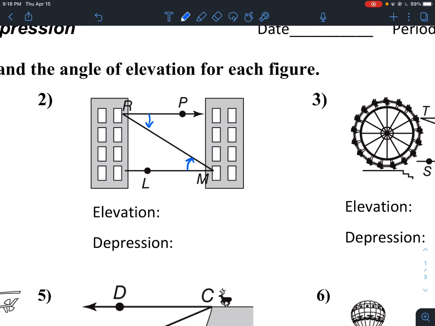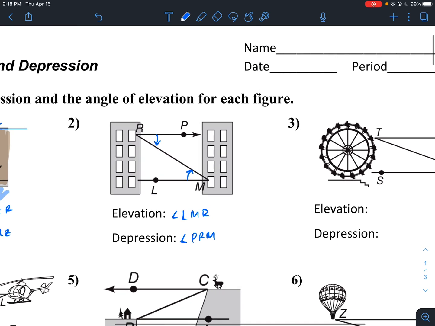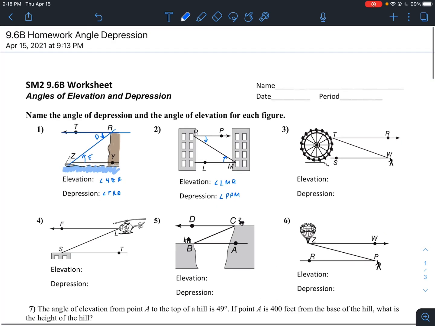From the line LM to MR, this would be the angle of elevation, angle LMR, and the angle of depression would be angle PRM. So it's really not too bad of an idea. It's actually pretty easy to see the difference between elevation and depression.